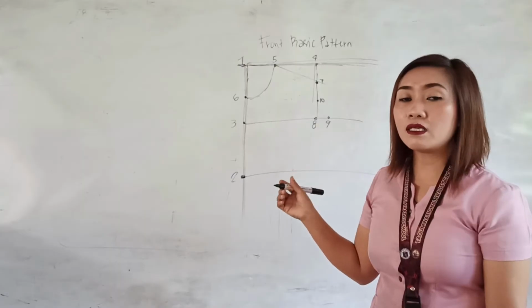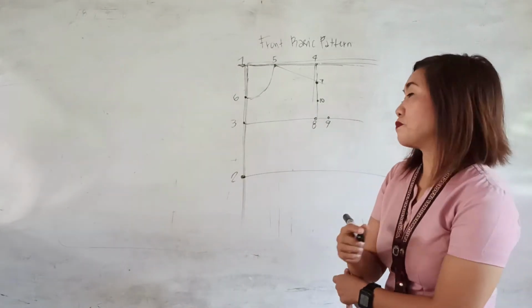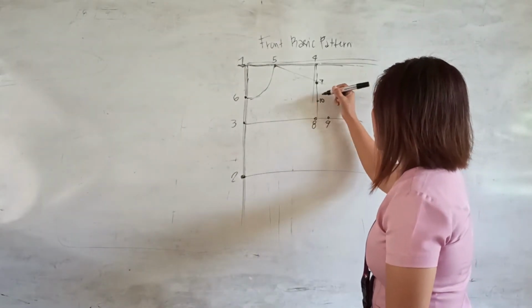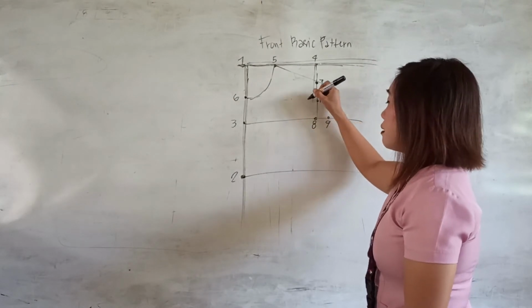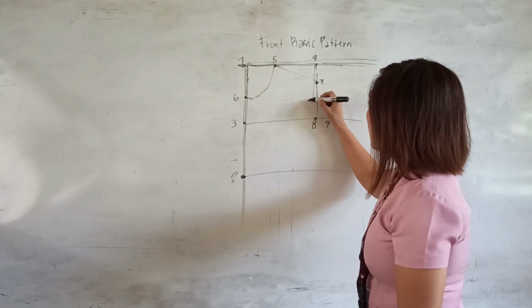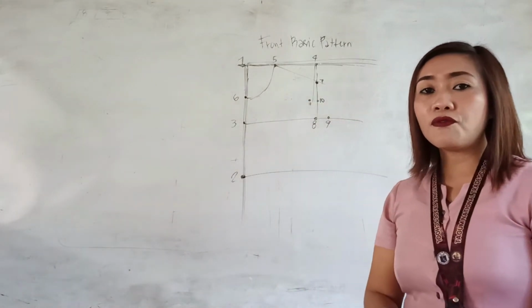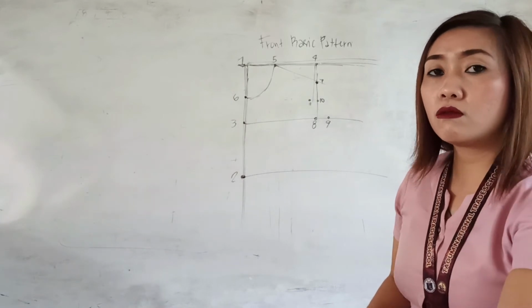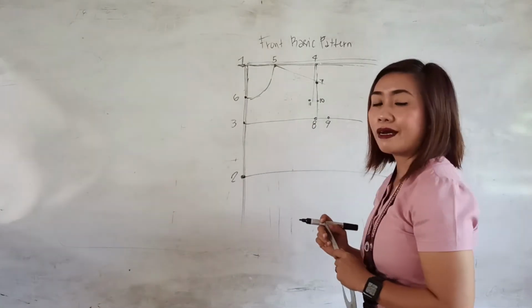So it doesn't necessarily mean that points 7 and 8 would align. After locating your midpoint, which is our point 10, we measure inward 3/4 inch and that is our point 11. Now, for us to form our armhole, we need to connect points 10, 11, and 9.